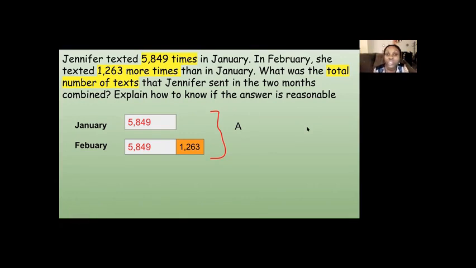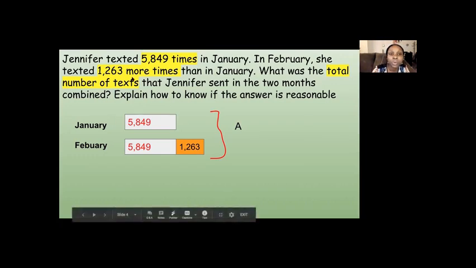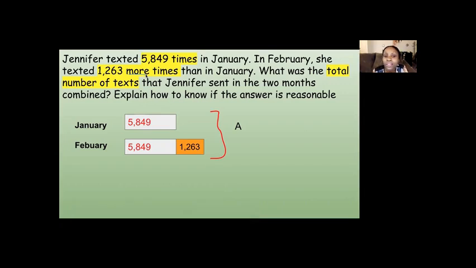Okay. So in January, she sent 5,849, right? The word more means we're adding. So we're adding 1,263 to 5,849 to get the amount of texts she sent in February, okay? So to get this, let's see.